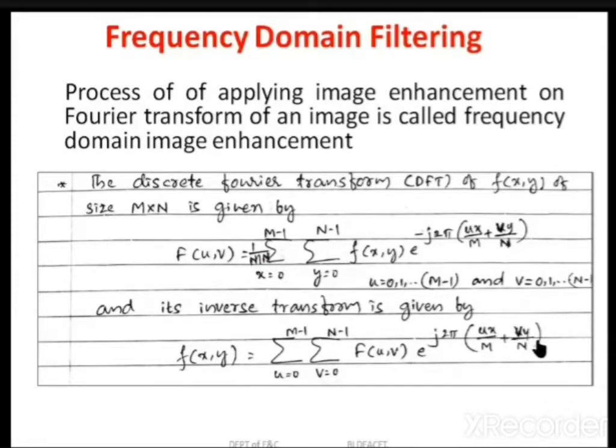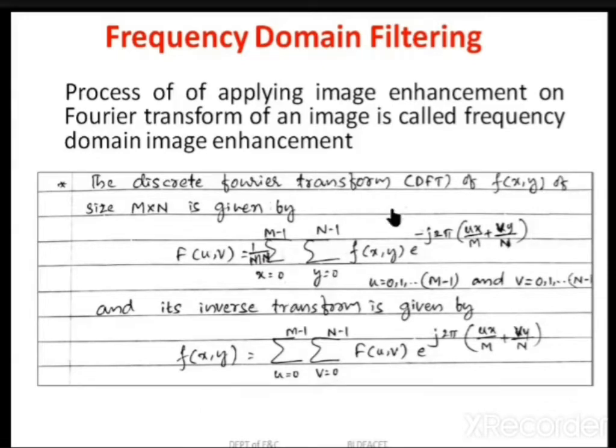Students, what you do is just try to remember these equations. The first equation is for obtaining the discrete Fourier transform of the input image, and the second equation is to obtain the inverse discrete Fourier transform of the image.